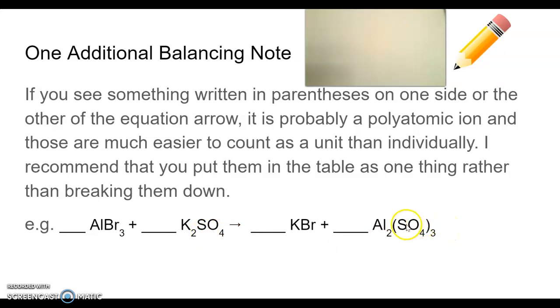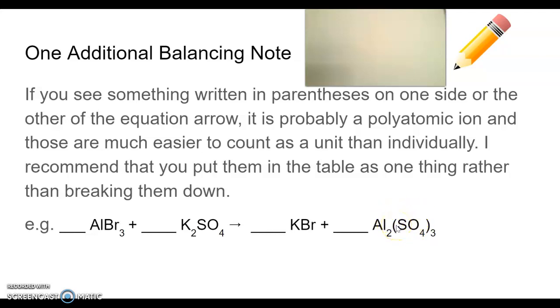And so it's a unit, it's a polyatomic ion that can work in that way. And so if you wanted to say that, you have potassium, K, and bromine, and aluminum, and sulfur, and oxygen, you can, and that'll work. It just makes it a little bit harder than saying I have potassium and bromine and aluminum and sulfate, and just treating this as a group.